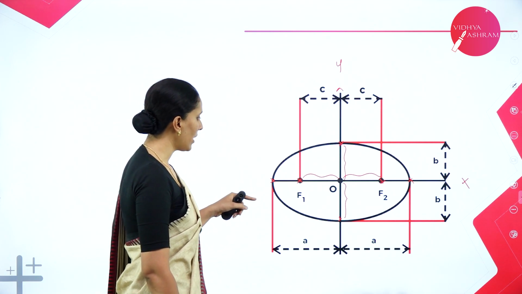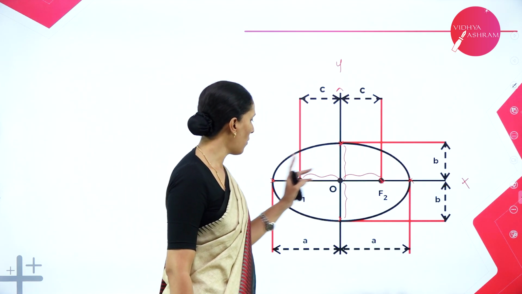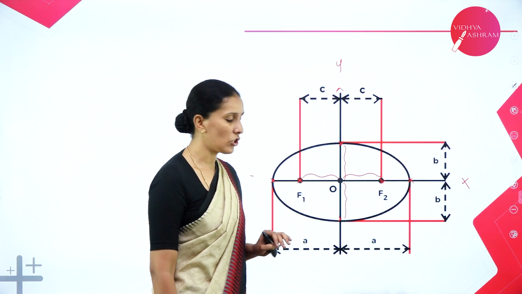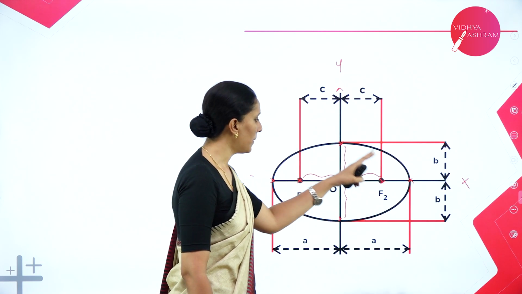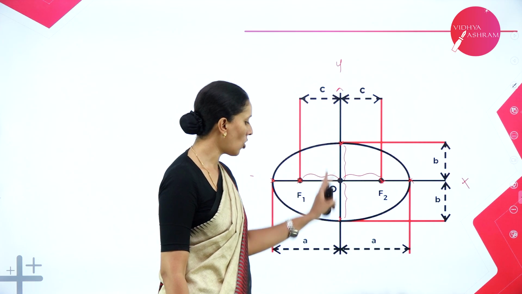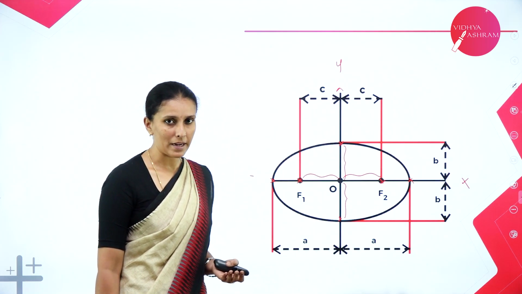So the line joining the center and the focus of an ellipse, whose end points are called the vertices, is called the major axis, and any line perpendicular to the major axis passing through the center is called the minor axis. Here we have taken the y-axis as the minor axis.